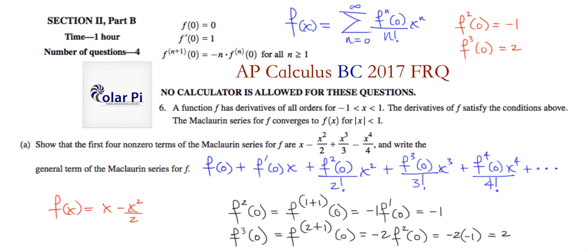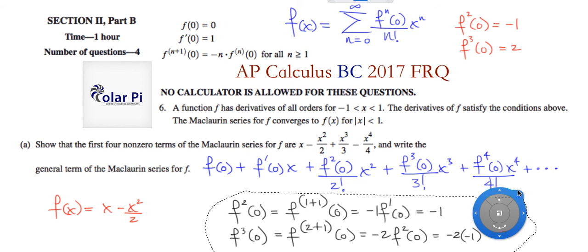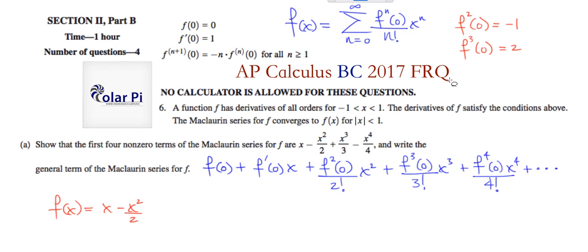Okay, cool. All right, next is the fourth derivative, and that's the last one we'll need, right? Well, based on the pattern so far, the fourth derivative at 0 should be equal to -3, which is -1 less than this, times the third derivative at 0.